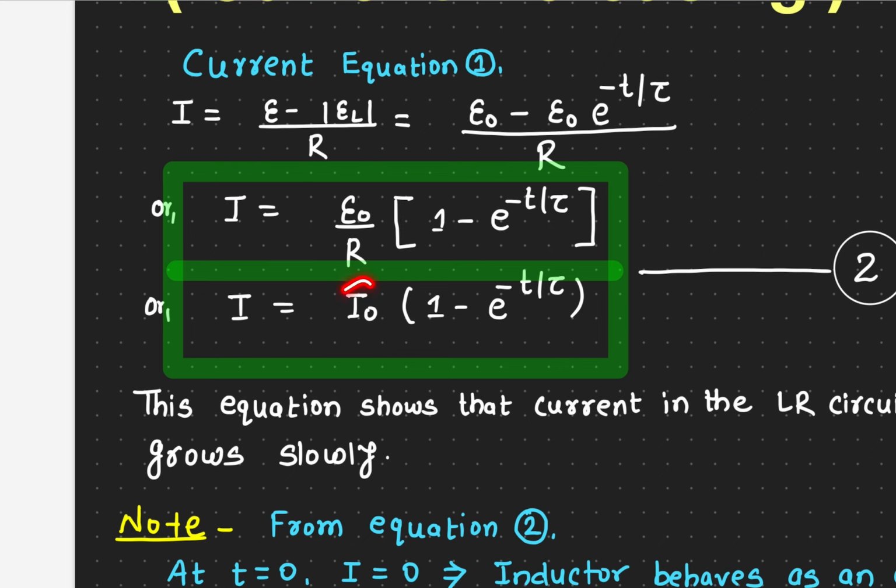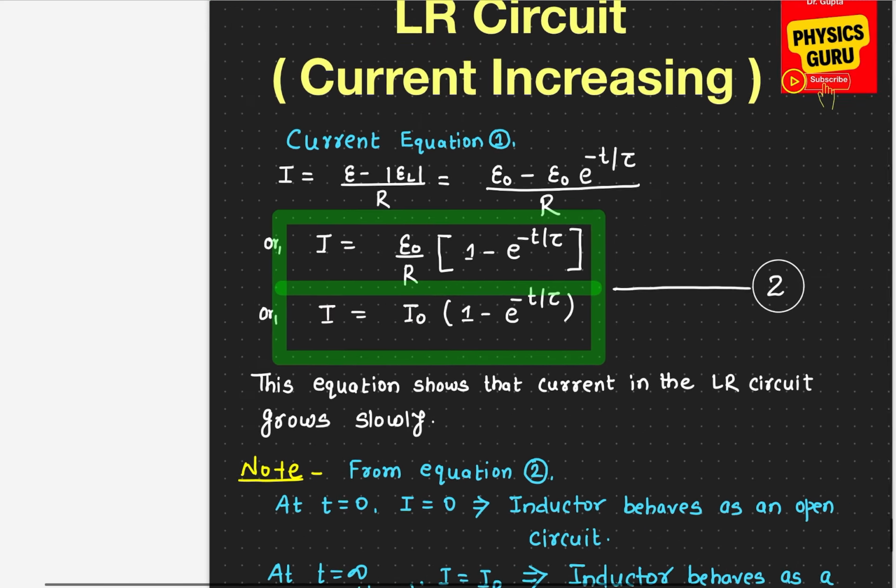So I0 here is at the time equals 0. That means I0 is the maximum current in the circuit here. Now let's try to understand these things one more time.